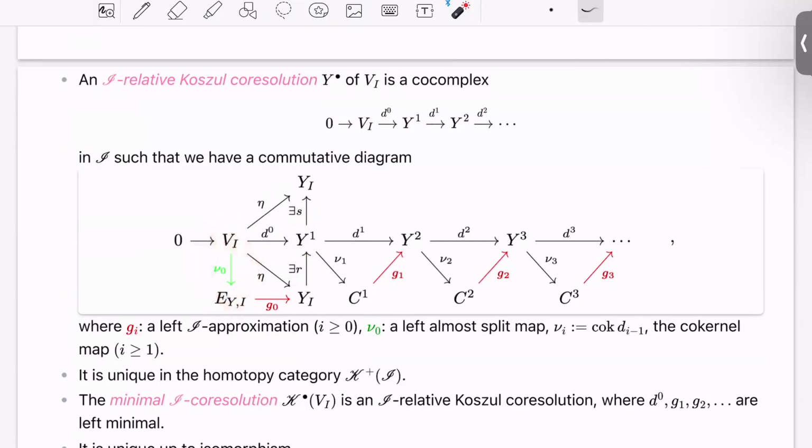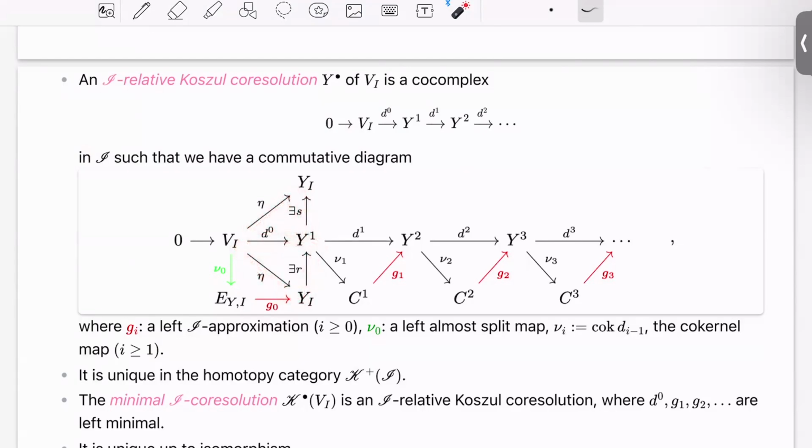And then after that, we take a minimal left approximation here, and take the composition. The condition on D0 is just the existence of these morphisms making these triangles commutative.